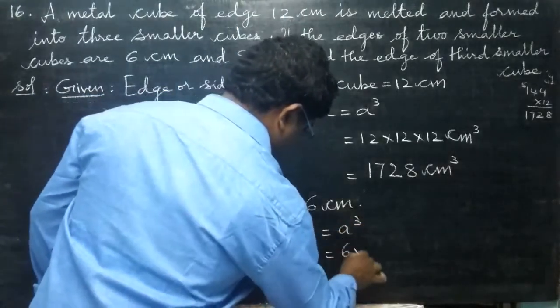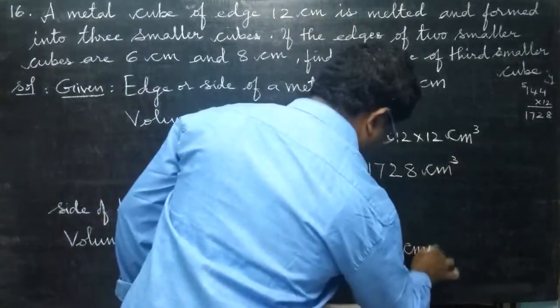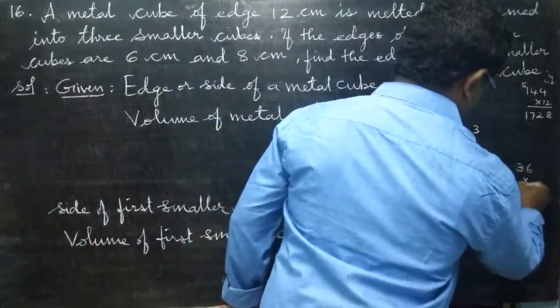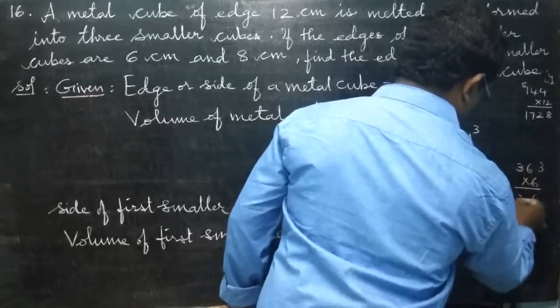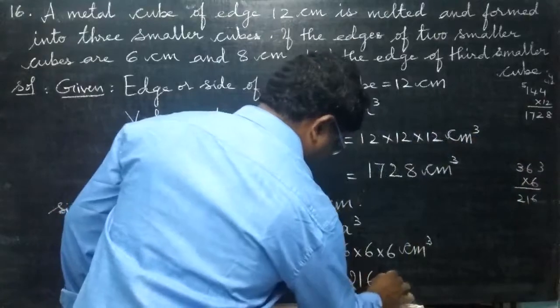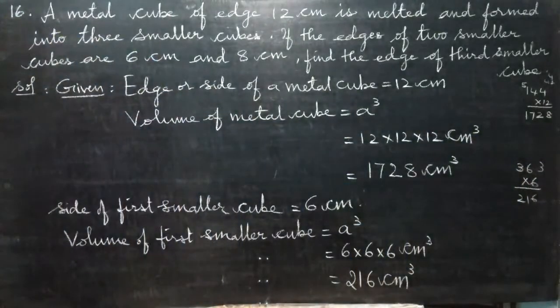That is 6 into 6 into 6 centimeter cube. Don't forget. 6 6s are 36 into 6. 6 6s are 36. 3 18 21. So 216 centimeter cube. This is the volume of the first smaller cube.